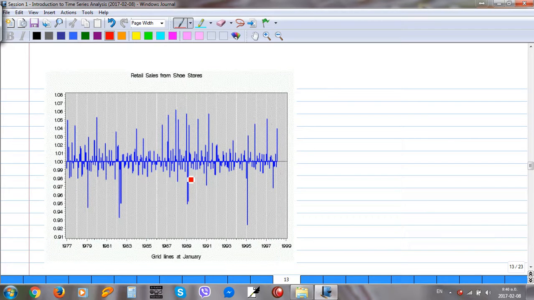Okay, so again we have four types of components in the time series. The first one is the trend, then cyclic variation, then seasonal variation, and finally irregular fluctuations. You have to analyze these data further, and you have to write how they are analyzed.